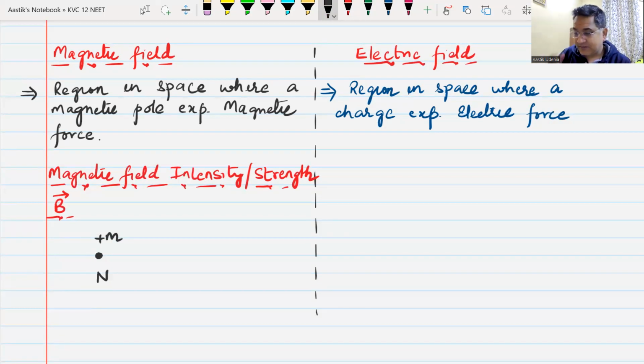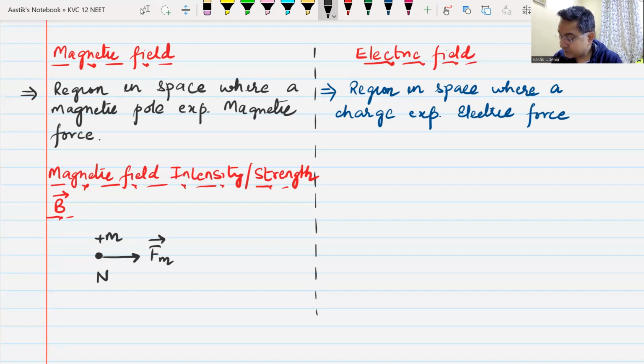Now, if I place this magnetic monopole, which does not exist, in a magnetic field, it will experience a force. Let us say that it experiences a force Fm, m standing for magnetic.